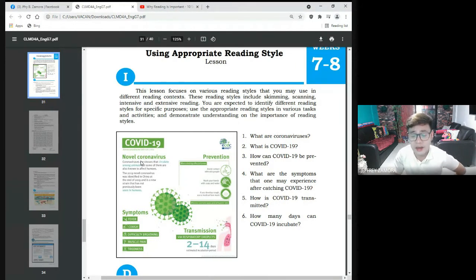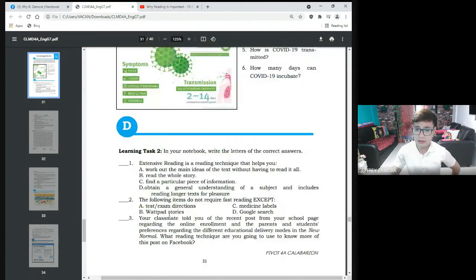What is the general? When we say general, it means the whole. So if you are only looking for the symptoms, transmission, prevention, that is another thing. But if you are only seeking the general idea or the general information of this infographic, of course, the answer will be COVID-19.